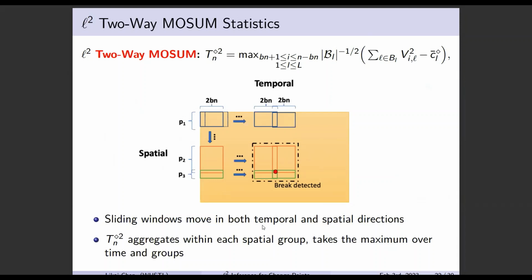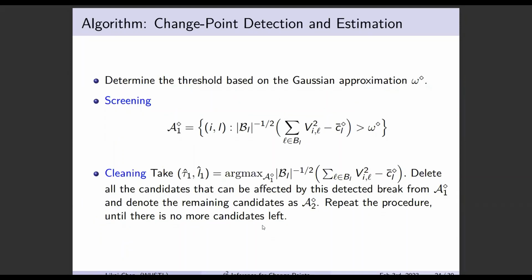We need to clean out points that are influenced by the true signal but are not the break that we want to detect. How do we achieve that goal? This idea is also very natural.